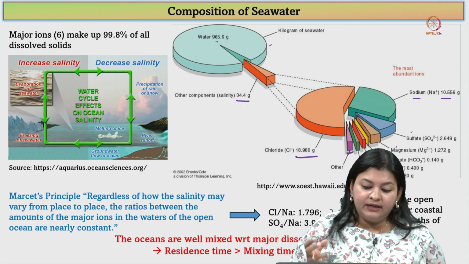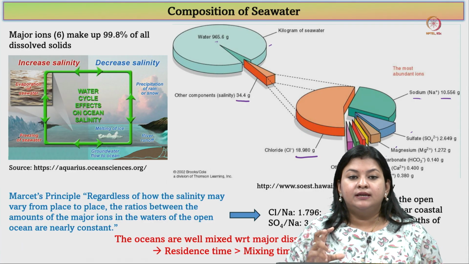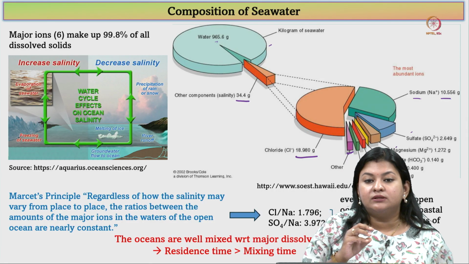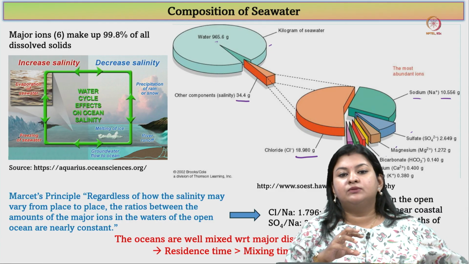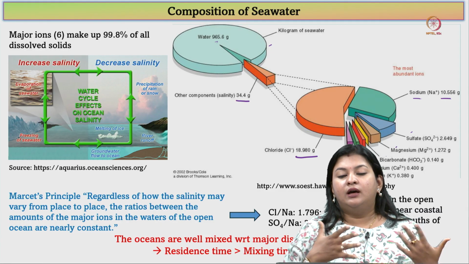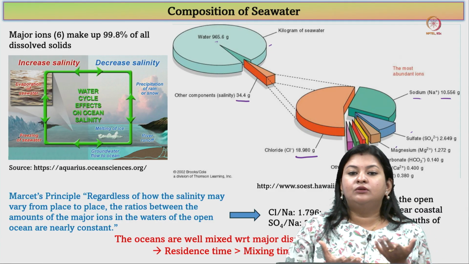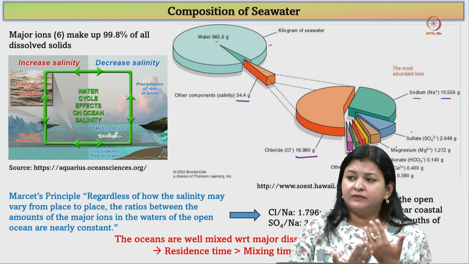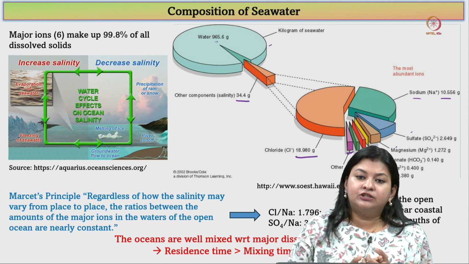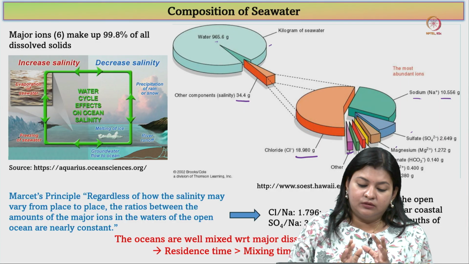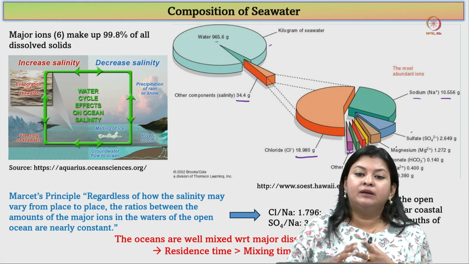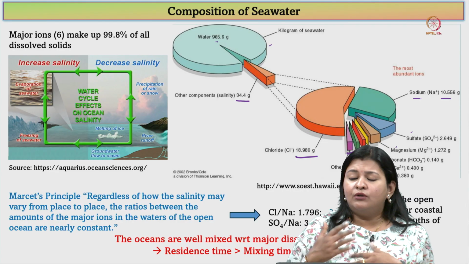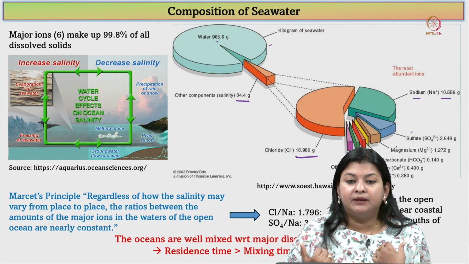Also, the kind of composition is related to the process that is happening. At certain locations there is a lot of evaporation going on. If close to the equator, continuous evaporation and precipitation, the cycle is going on. Okay. Close to the mouth of a river, a lot of fresh water inputs are coming, a lot of sediments coming, a lot of changes and exchanges are happening.